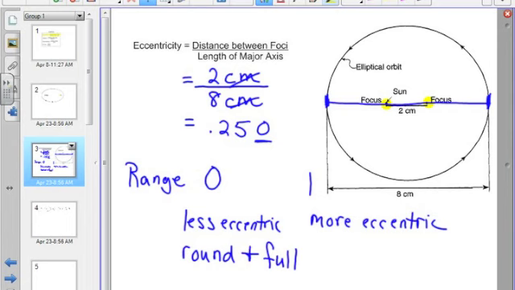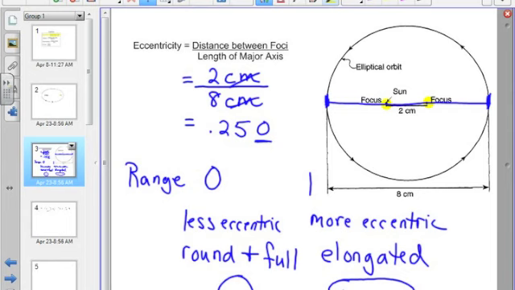Whereas those ellipses that have values in eccentricity closer to 1 would have shapes that are more elongated, stretched out. For example, something more like this for an elongated ellipse, or the round and full. I still have two foci, but they're going to be really, really close together. So we've got some descriptions that we could associate in terms of the numerical value as well as the shape that we would see.